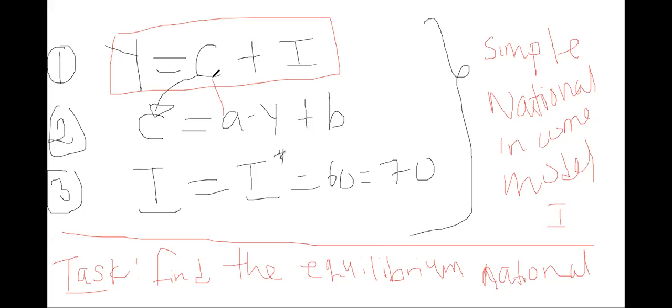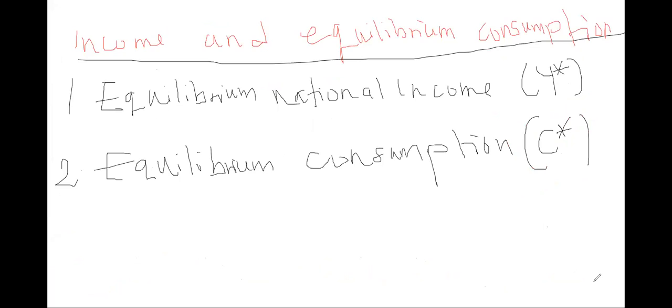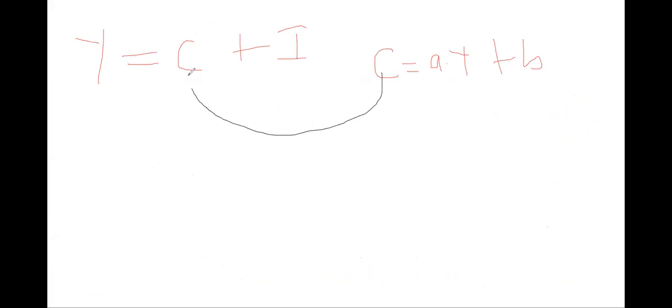We will substitute this value of consumption here. So now we are doing the solution, Y equals C plus I, and we know that our consumption is A times Y plus B. So we will substitute this here.